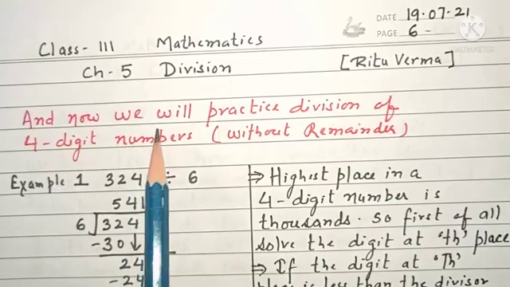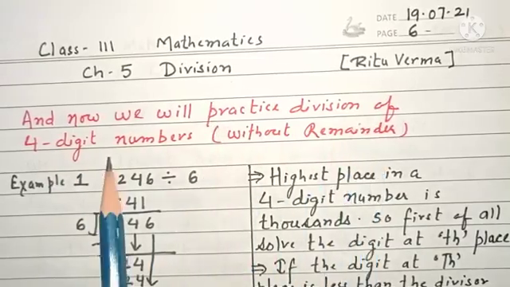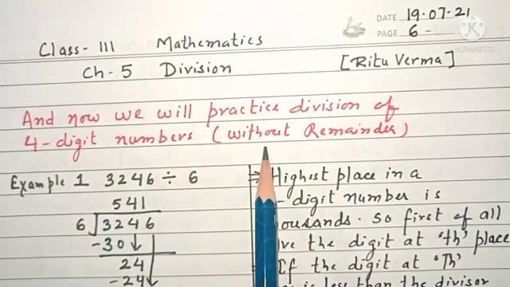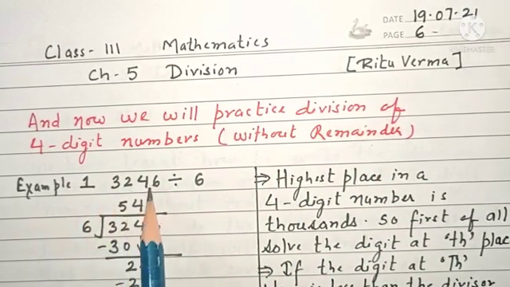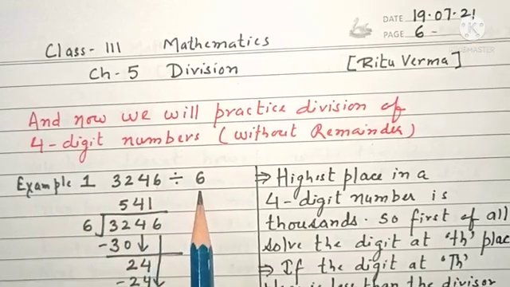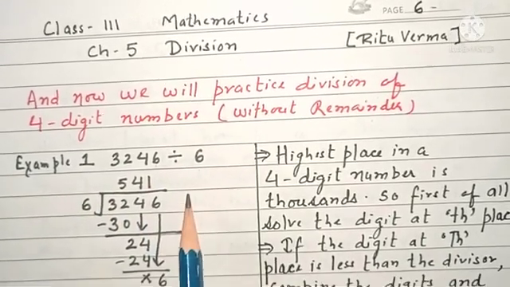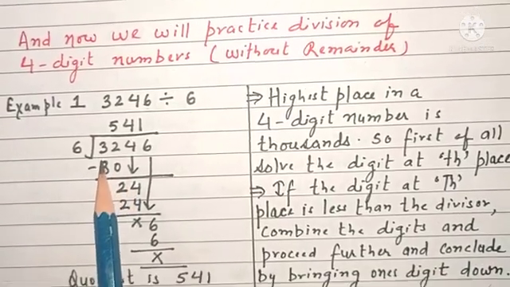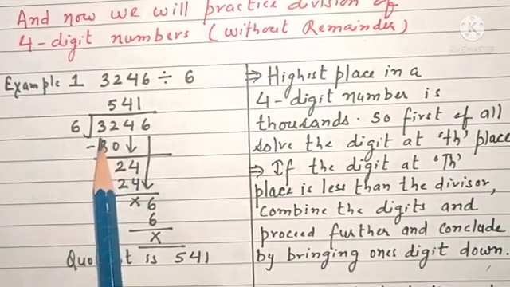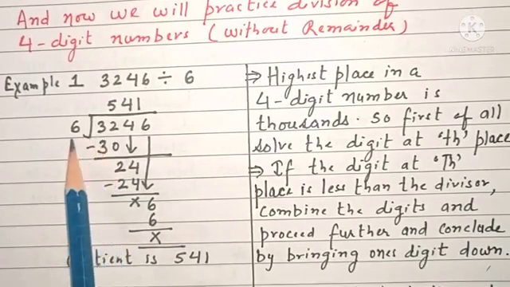And students, now we will proceed to division of 4-digit numbers without remainder. Example 1. 3246 is to be divided by 6. So again, the same procedure is to be used. First of all, look for the thousands place. As in thousands place, we are having 3, that is smaller than our divisor.